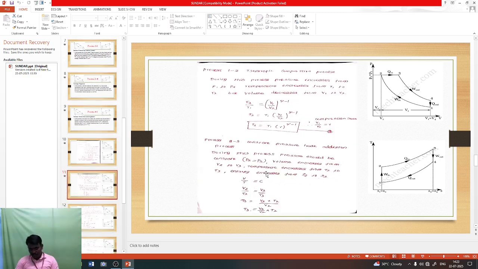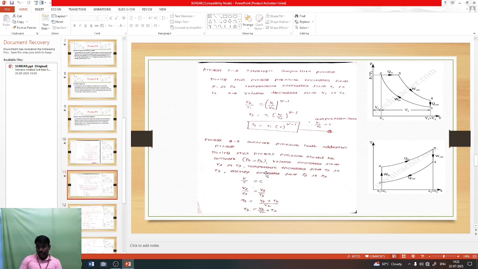See here, this is very important. Already we explained the process 1 to 2, 2 to 3, 3 to 4, but one more time I have to explain. You can see our diagram; the PV and TS diagrams are also shown in this slide. During process 1 to 2, pressure increases from P1 to P2.